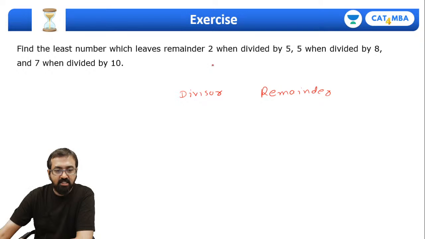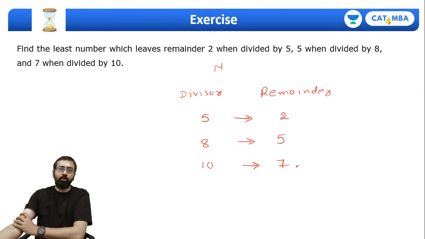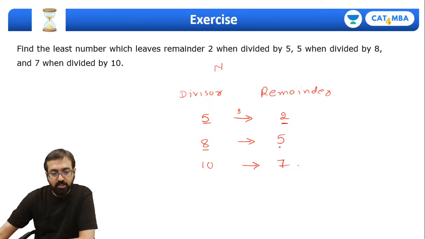There is a number which when divided by 5 leaves remainder 2. When you divide it by 8, it leaves remainder 5. And when you divide it by 10, it leaves remainder 7. So what shall we do over here? Guys, whenever you come across such a question, if you see it's a special question, look at the difference between the divisor and remainder. It's 3 over here. Difference between divisor and remainder, it's again 3.